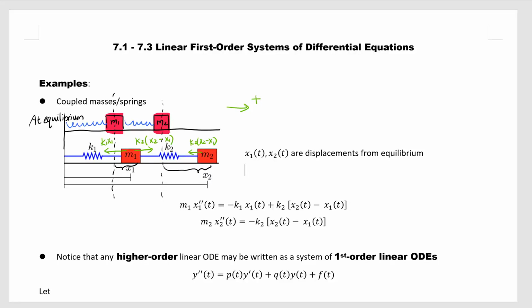By Newton's second law, ma, where acceleration is the second derivative of the displacement, equals negative K2 times x2 minus x1, because this force is going to the left. So now you can see this is a second order differential equation, and it's a system of differential equations.